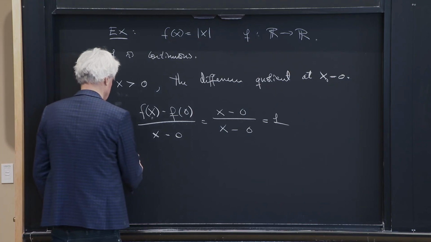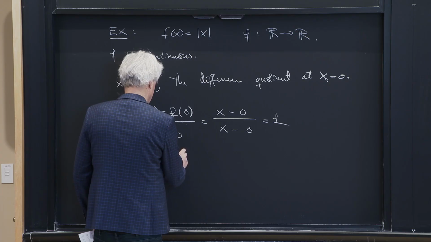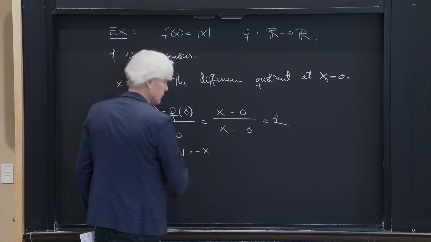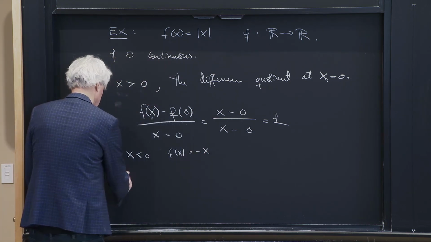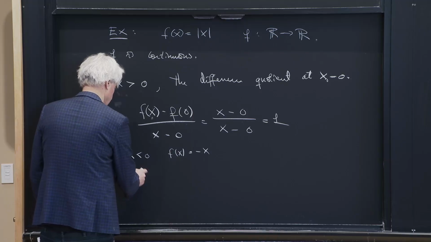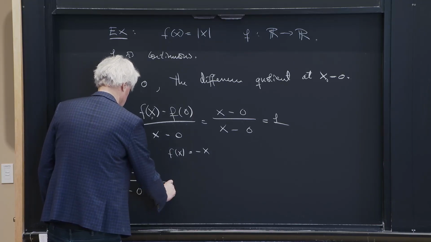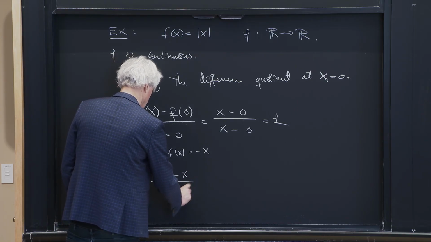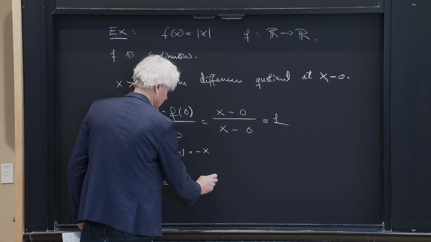When x is negative, then the absolute value is minus x, right? So the difference quotient, f of x minus f of 0, which is 0, over x minus 0, is just minus x divided by x. But this thing here is minus 1.